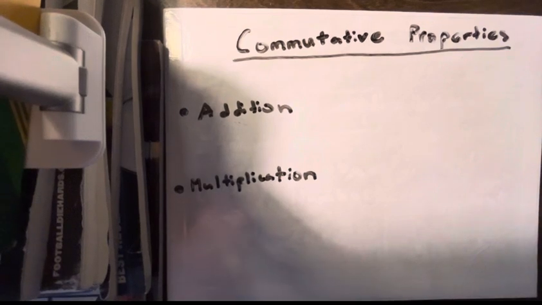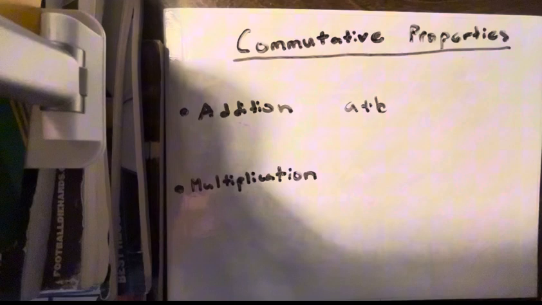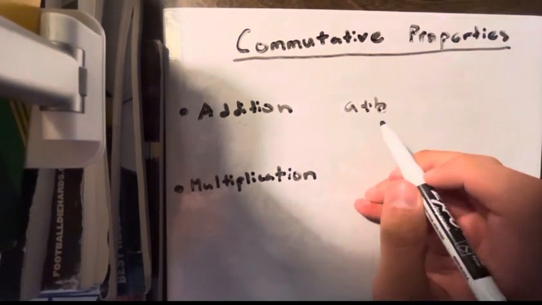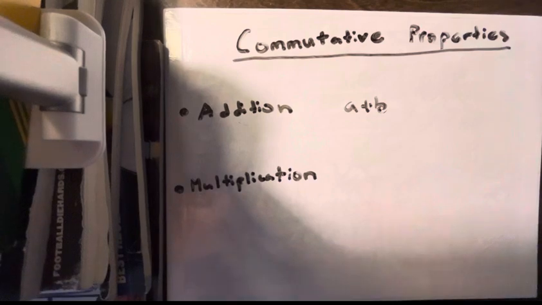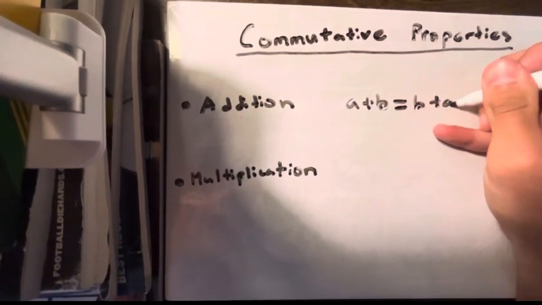So, there's a certain structure to both of these properties, and there is a way using variables that we can demonstrate how this works. So, for the commutative property of addition, we are saying that the expression a plus b, where a is any real number and b is also any real number, equals b plus a.